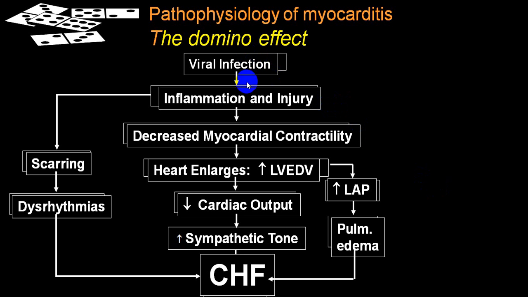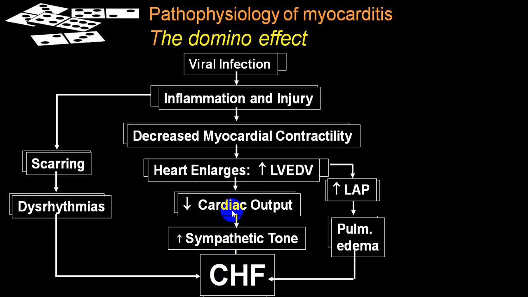So viral infection, inflammation injury, decreased myocardial contractility, and the person can go into what we call dilated cardiomyopathy, decreased cardiac output, congestive heart failure. Scarring can take place, and arrhythmias can also precipitate congestive heart failure.